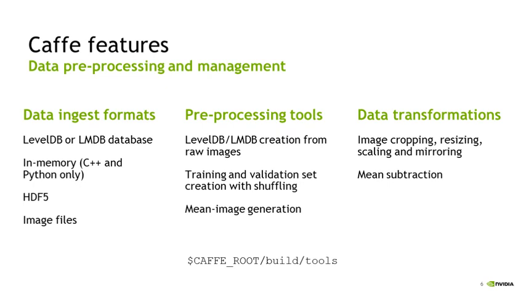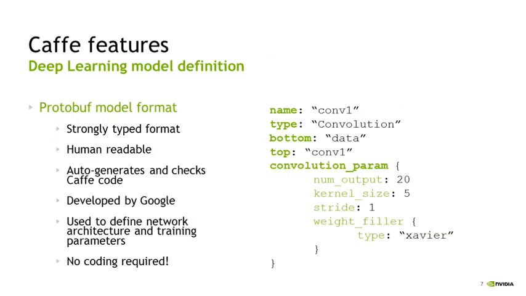So once you've processed your data, you have it in a form which Caffe is ready to ingest. You then need to define a deep neural network that you're going to train upon your data. So in Caffe, the way that deep neural networks are specified is in a text file, which follows the protobuf model format.